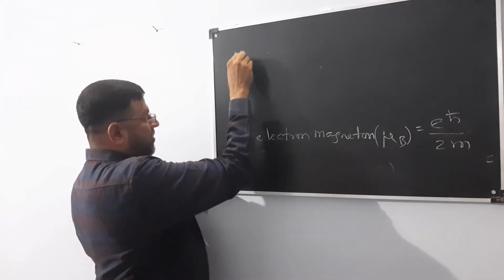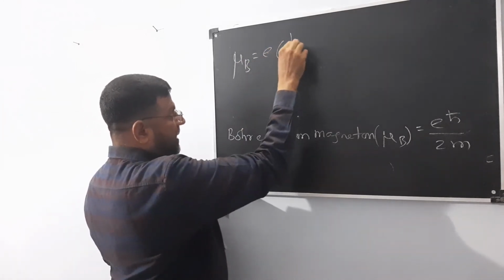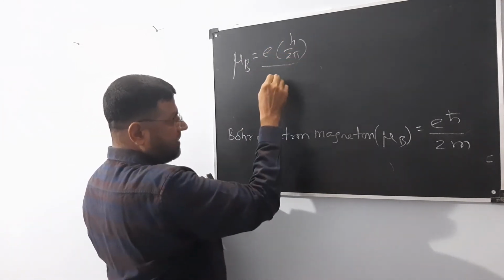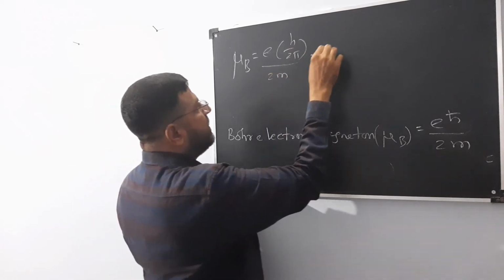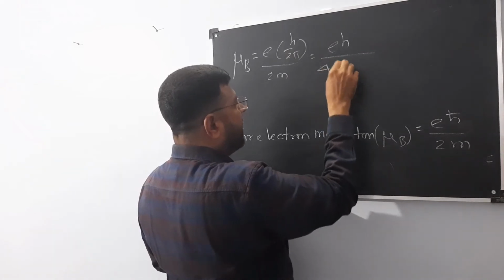So you must write mu B is equal to e into h by 2 pi divided by 2m. So it will be e h divided by 4 pi m.